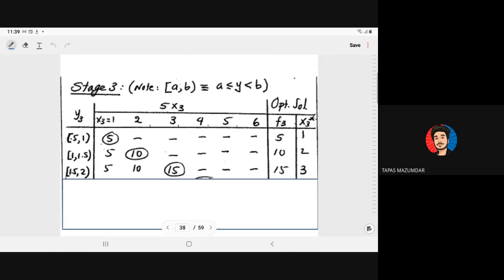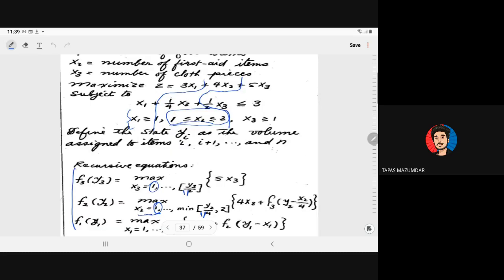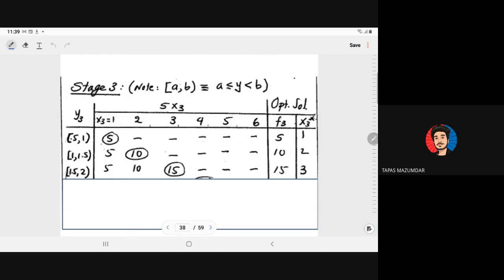So for stage 3, you know the unit weight is half. So for allocating a minimum of one item, you require a minimum of 0.5 unit space. When we have 0.5 or 0.75 unit space, you can allocate only one item.